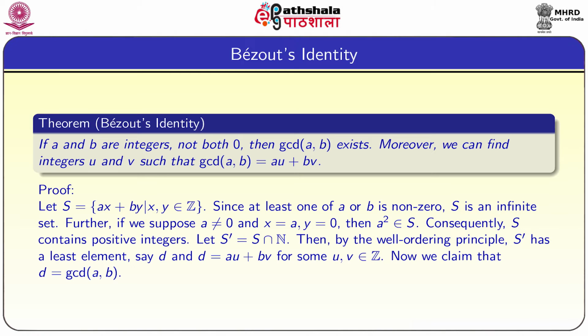This is a nice observation: even though the set S of Ax plus By contains infinitely many integers, the smallest positive integer in it gives the GCD of A comma B.